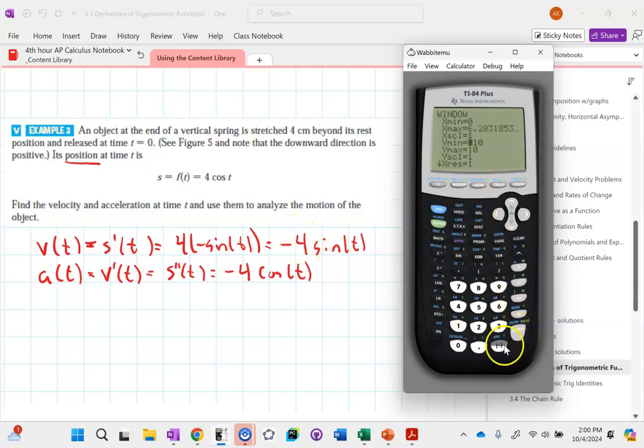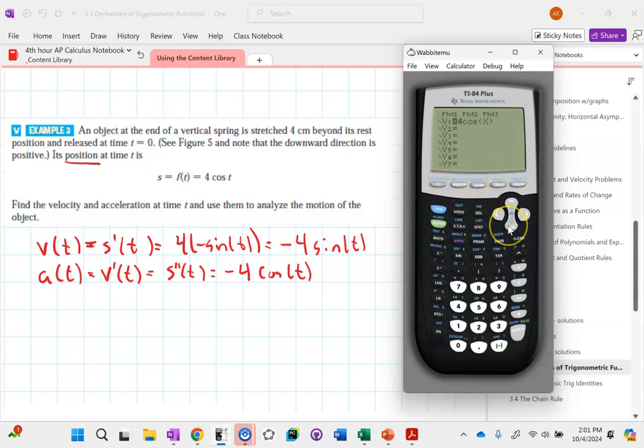And I know that this should just be bounded between negative 4 and positive 4, so I'll go a little bit more than and a little bit less than those. So here's my position function. It's all stretched out, 4 units below the neutral. I let it go. It comes up, gets to the neutral position, gets to the top, and then starts pulling back down from gravity, passes neutral position, and gets back down to where I pulled it, right?